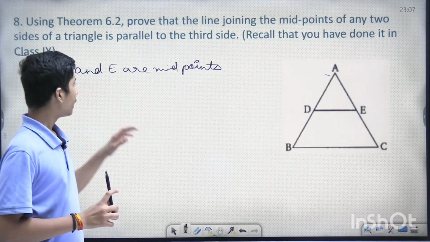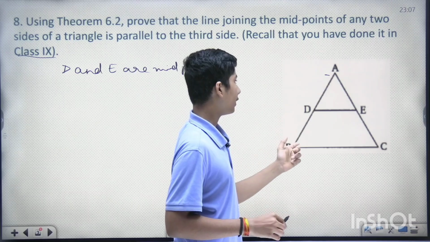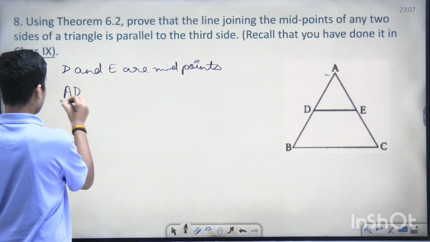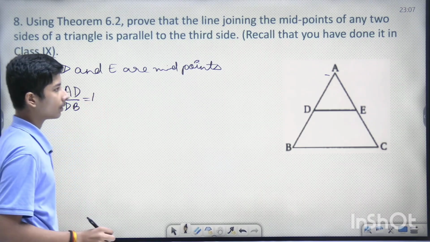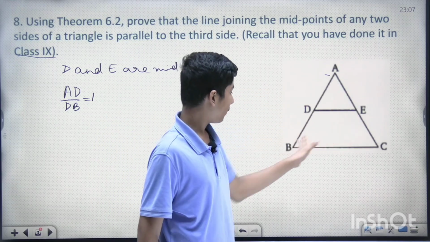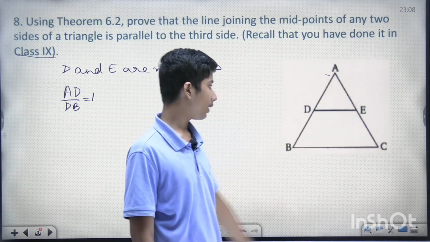So if D and E are midpoints, then AD upon DB equal to 1. And we have to prove this side parallel to this side, DE parallel to BC. And AE upon EC equal to 1.